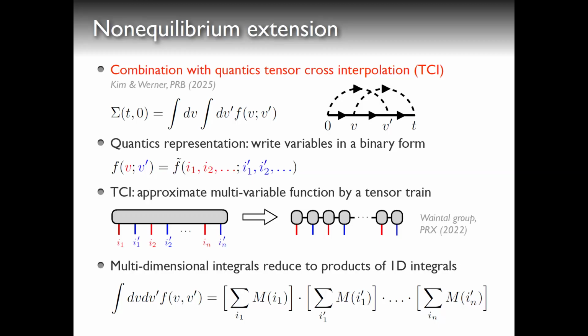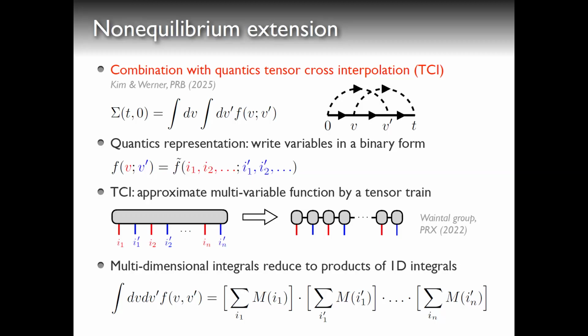And also for each of these internal vertices in the diagrams, we have to integrate over the three-legged contour, and that's computationally heavy to perform high-dimensional integrals. But there are new ideas how to do this efficiently by combining so-called quantics representation with tensor cross interpolation. Let me briefly say what this is.